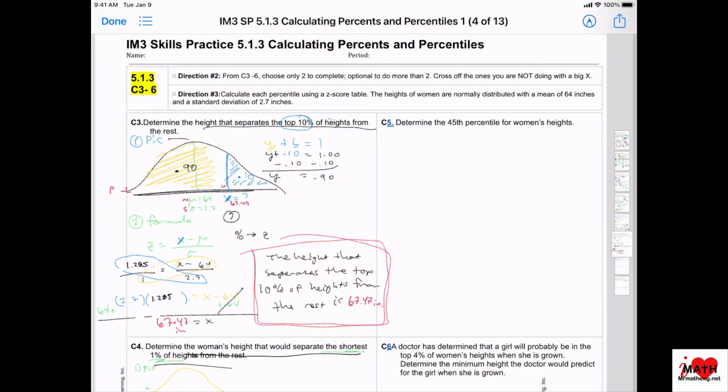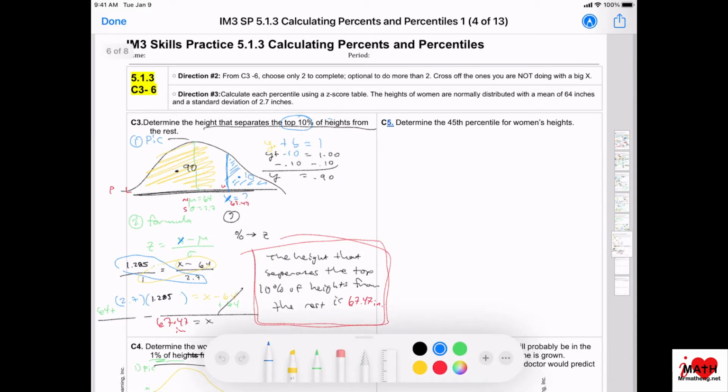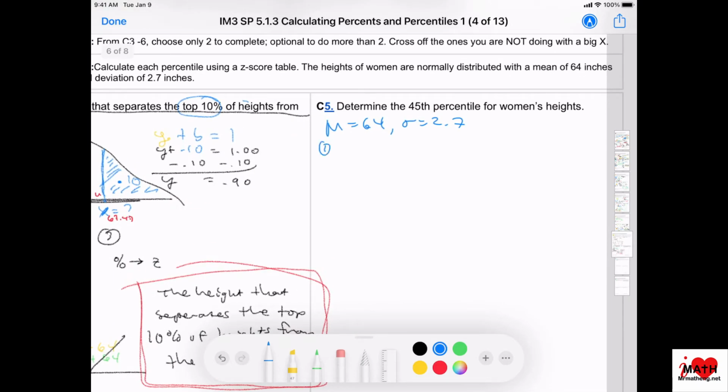All right, let's go over C5. Directions 3, calculate each percentile using a z-score table. The heights of women are normally distributed with a mean of 64 and a standard deviation of 2.7. All right, let's draw a picture. There is our center.